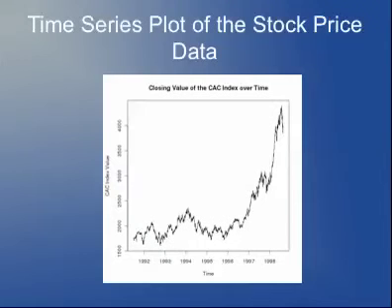This is a plot of the closing values of the CAC index over time. As you'll recall, in the late 90s we had a stock market bubble, even though for the vast majority of the decade the index remained in approximately the same range. Suddenly, beginning about 1996, it just took off for the sky.